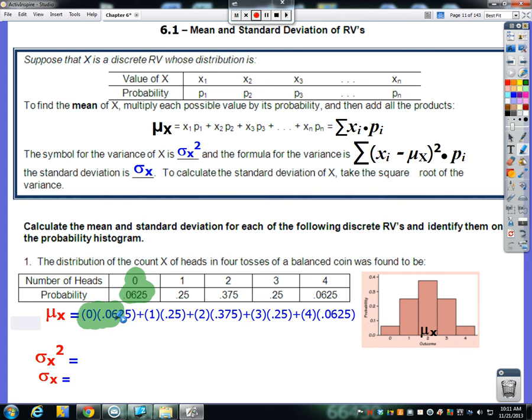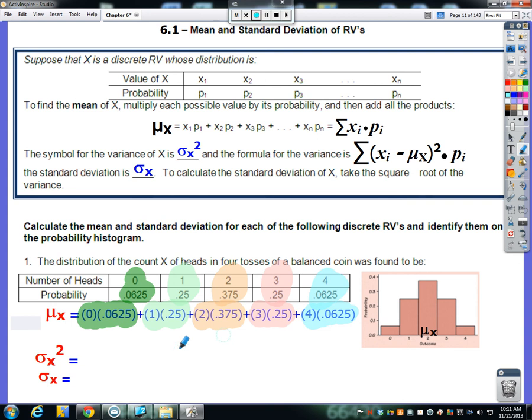And then if we add to it, getting 1 head with its probability 0.25, and if we add to that, 2 heads is 37.5%, so we multiply that, and so forth on down the line, 3 and 25%, and last but not least, getting 4 heads is 6.25%.